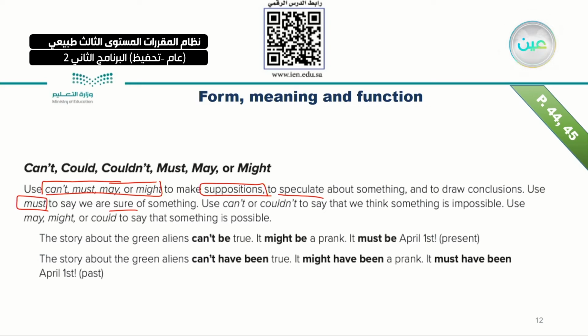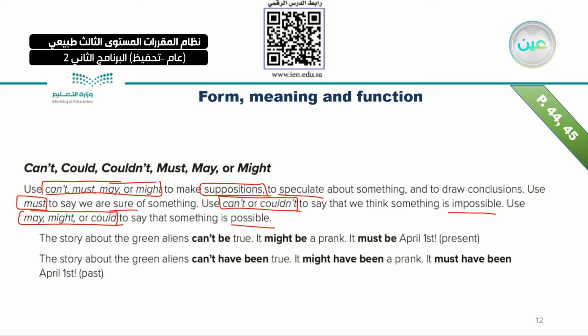Use can't or couldn't to say that we think something is impossible. Use may, might, or could to say that something is possible.